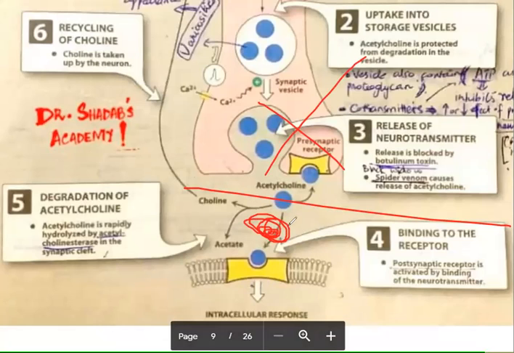This is bethanechol. Now this bethanechol is a direct agonist. It will bind in here directly. And what will it do? According to its duration of action, it will act. After some time, when its duration of action is finished, it will be hydrolyzed.